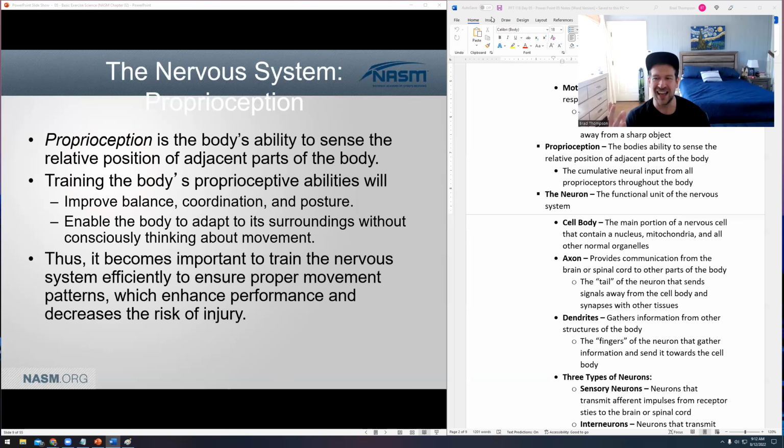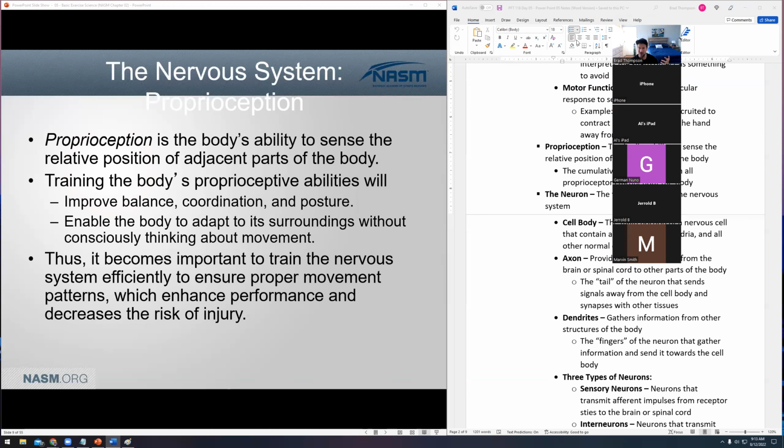But yeah, so that's kind of what proprioception is, right? It can improve your balance. The more aware of your body position you are, the better balance you're going to have. It improves your coordination. It improves your posture. I'm sure we've all been playing sports at some point, and a ball is heading our way, and you reach up to grab it, and it hits your hands and just bounces off, or maybe you completely miss it.